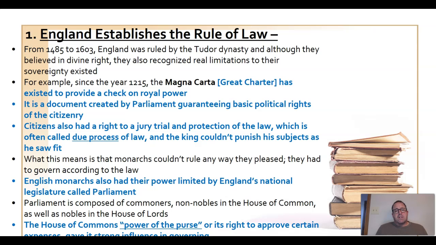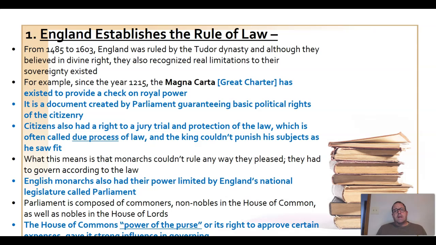We have seen the trend where the monarchs of Spain, primarily Philip II, and in France, under the guidance of Cardinal Richelieu, and then French absolutism fully blossoming under Louis XIV. That trend won't extend into England.